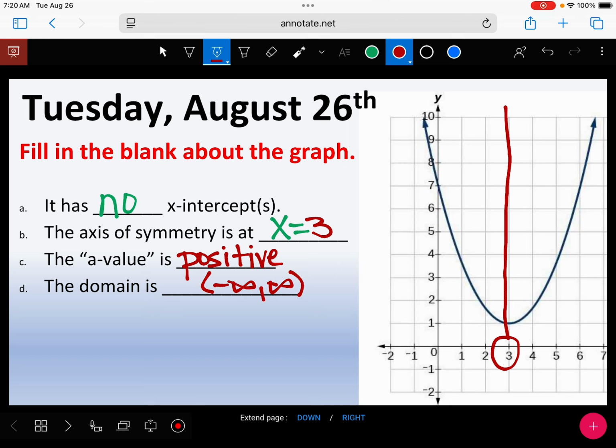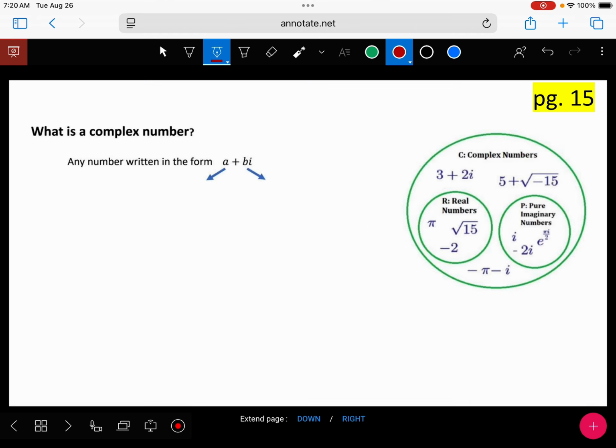All right, guys. So now we're going to finish out with operations on complex numbers. So in your blue packet, I think we're on page 15. Yeah, we are.